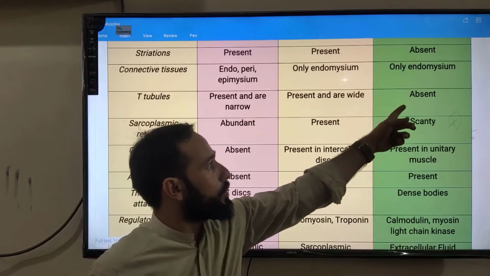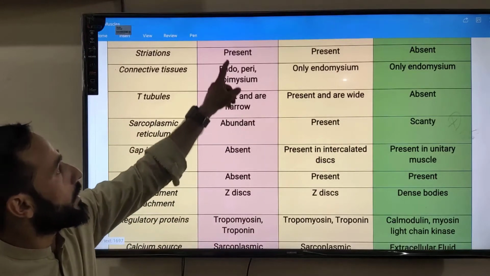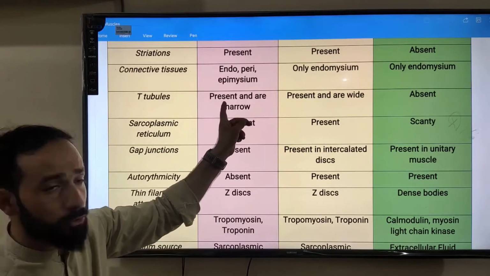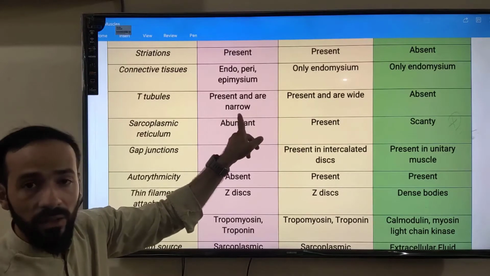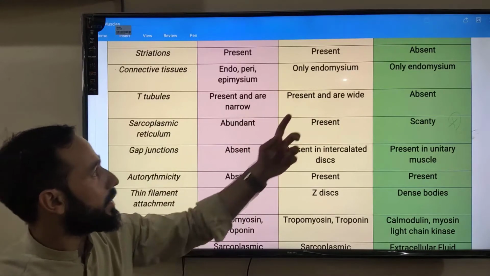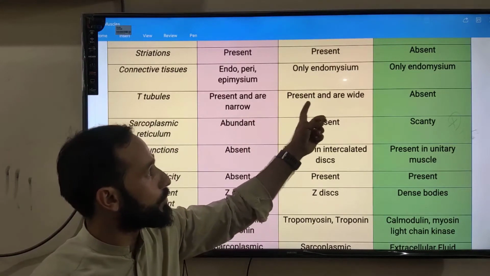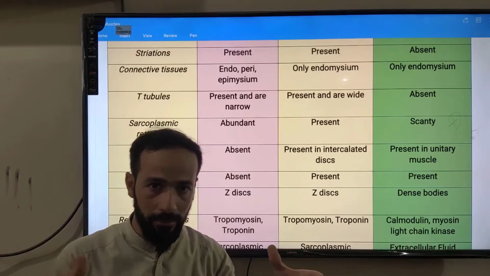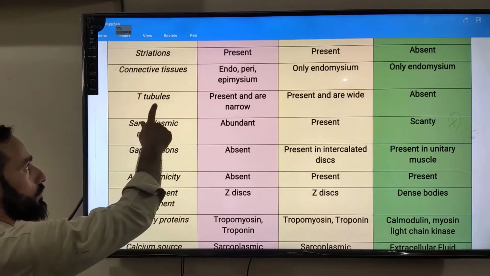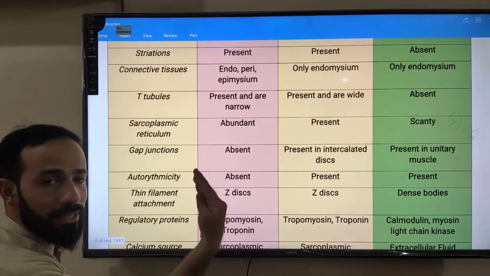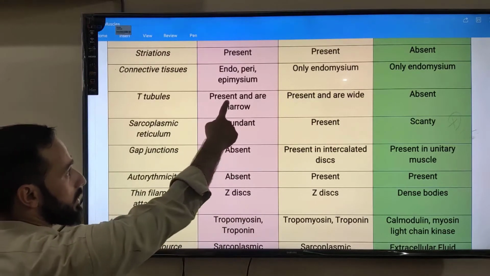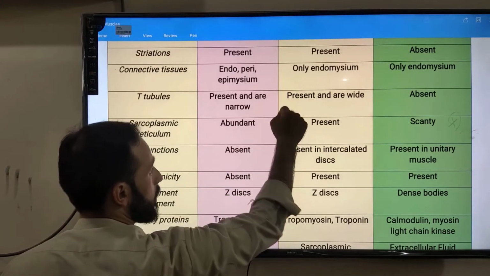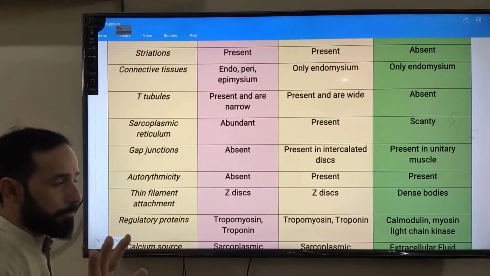So there is no T tubule present. In skeletal muscles, we have T tubules present, but they are narrow tubes, and in case of cardiac muscles, T tubules are present, but they are a little bit wider, right? So the T tubules through which calcium will enter the cell, in skeletal muscle they are present, in cardiac muscle they are present, but in smooth muscle they are absent.